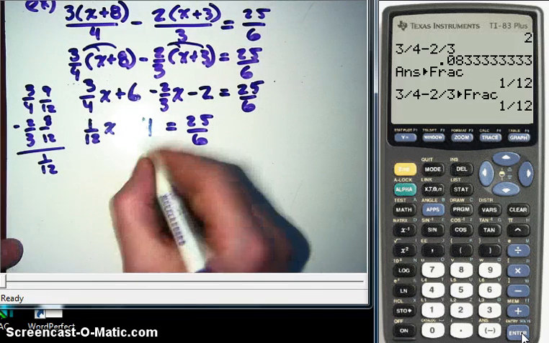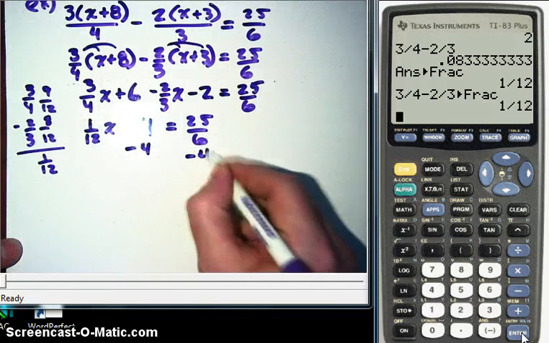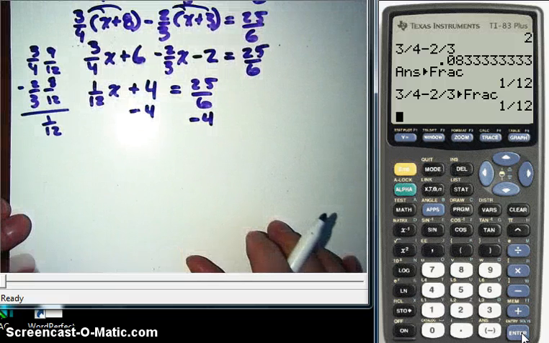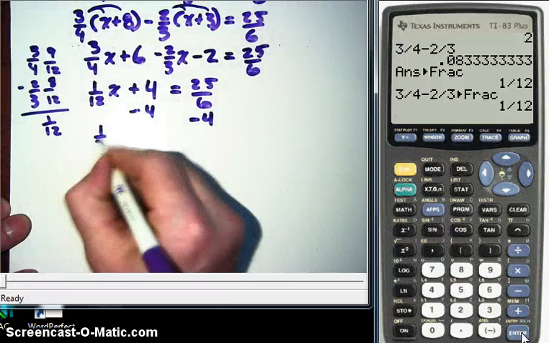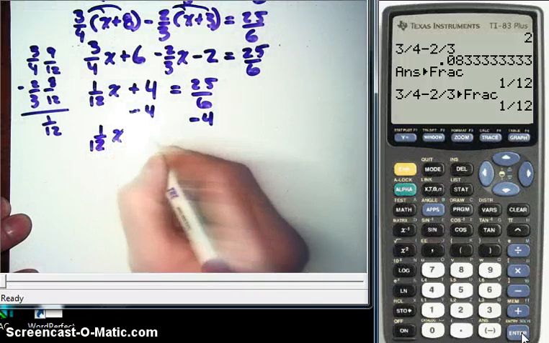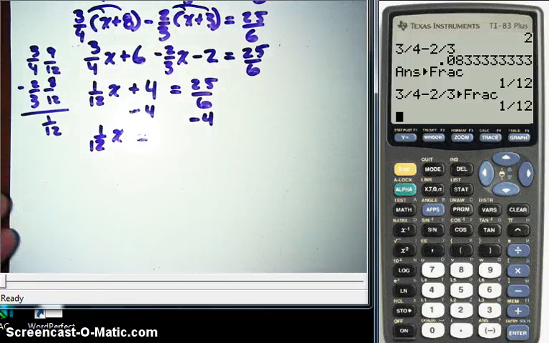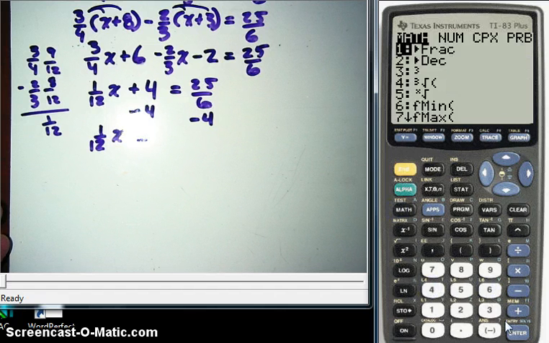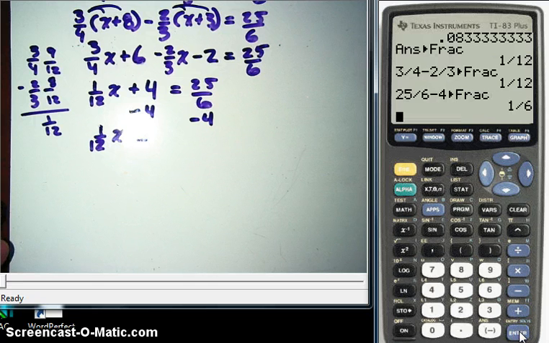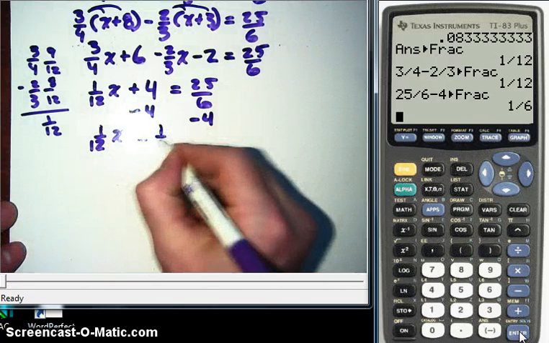All right, next, we're going to subtract 4 from both sides. This will leave us with 1/12 x equals 25 divided by 6 minus 4, math, frac, and it gives us 1/6.